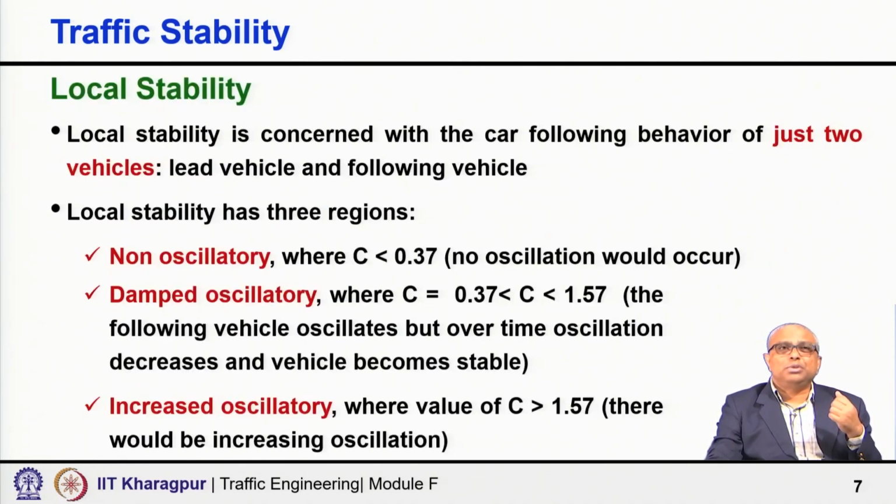What is local stability? Local stability is concerned with the car following behavior of just two vehicles, one lead vehicle and one following vehicle. It is said that the stability has three regions. It could be non-oscillatory. You understand the meaning of oscillation, right?